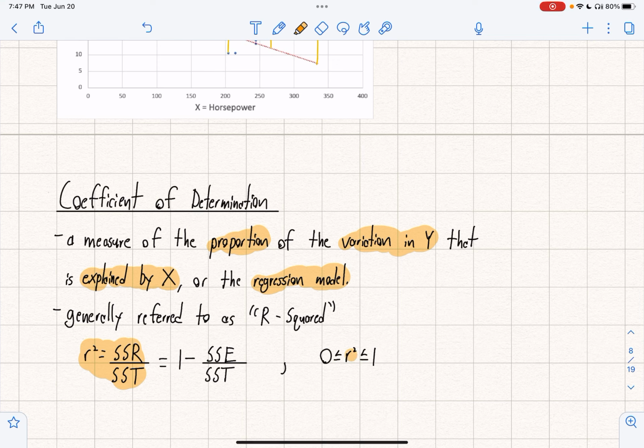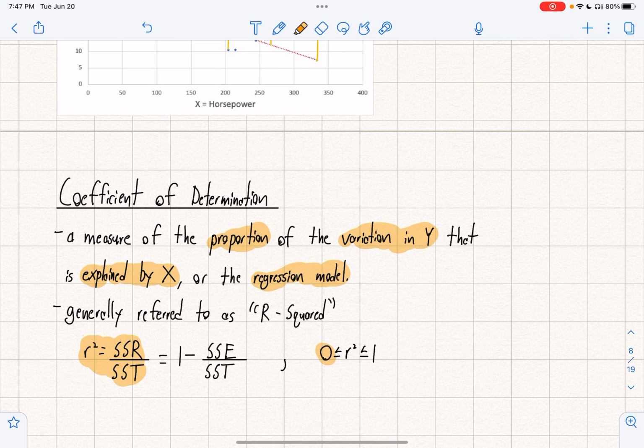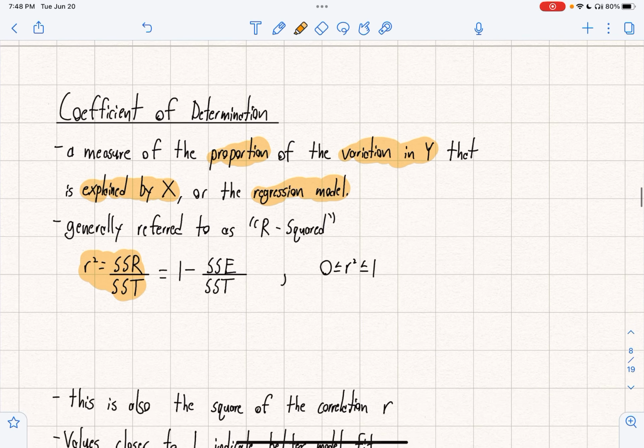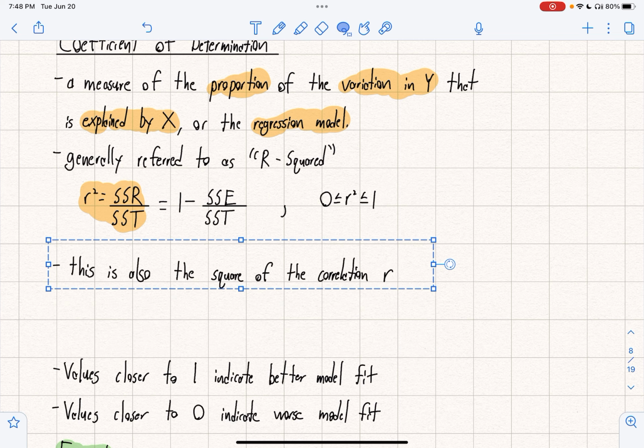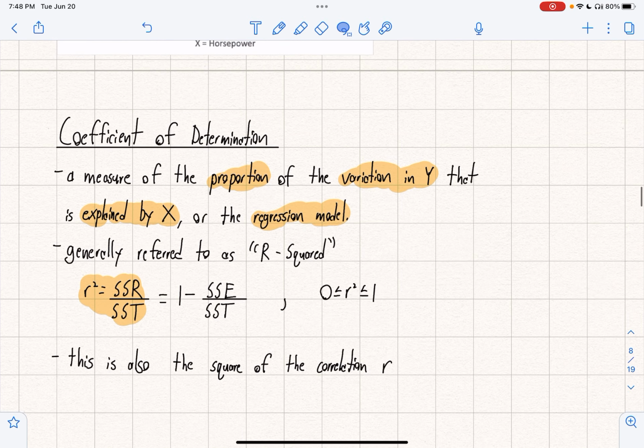Note that r squared will be between 0 and 1. The closer to 1, the greater the proportion of the variation in y that is explained by the regression model, and values closer to 0 mean most of the variation in y is unexplained. It comes from our residuals. There's also a third way to calculate it, which is that we just take the square of the correlation r.